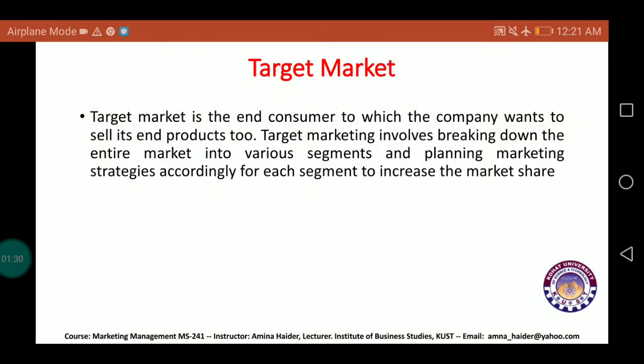There are various steps involved in defining the target market. The first is to understand the problem of a customer whom you are addressing. Once it is done, the customers can be identified who are interested in that product.